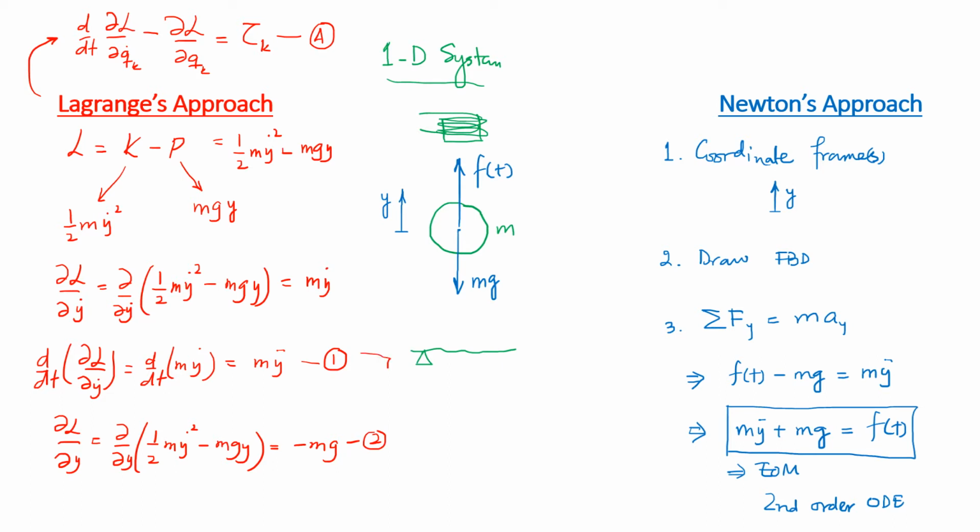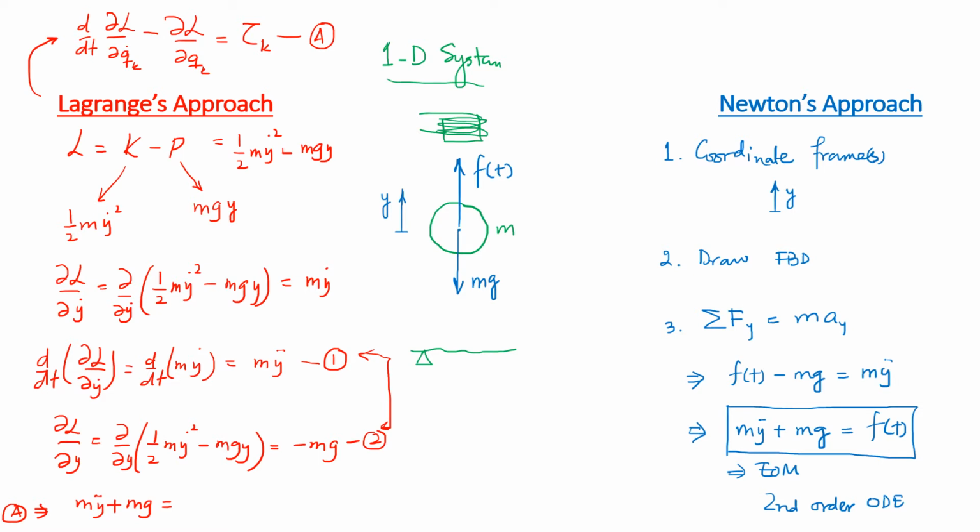So using these two equations, equation 1 and 2, and plugging into equation A, equation A can be rewritten as m y double dot plus m g to be equal to the generalized torques, which in this case is the applied force, which is perfectly aligned with the generalized coordinate.